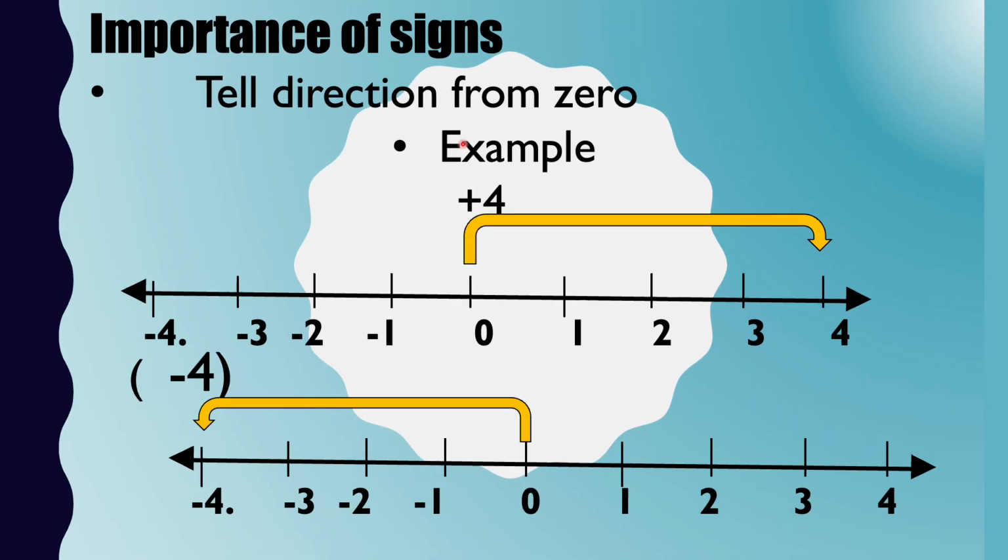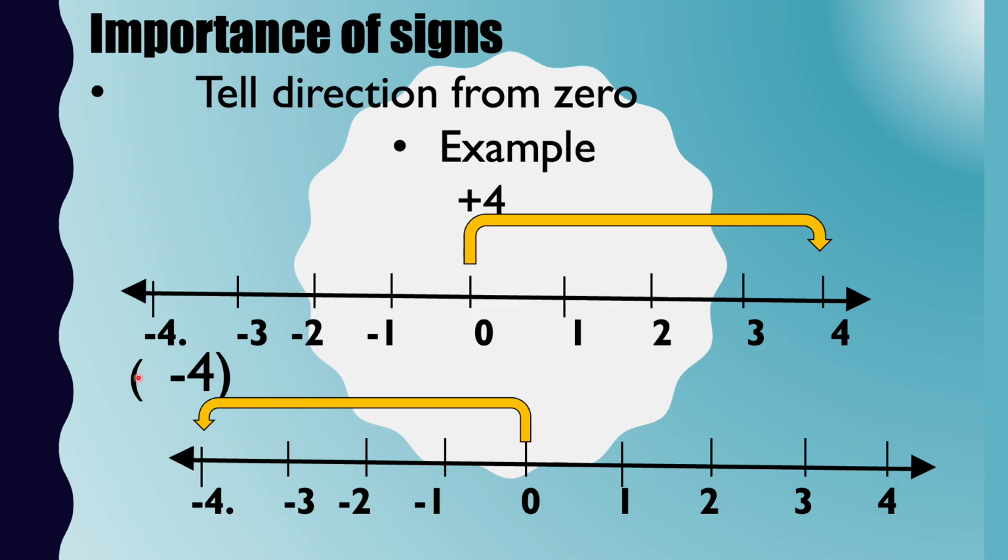We are going to talk about the importance of the sign. The sign tells the direction from 0. Like I mentioned earlier, if it is positive, then the number lies on the number line on the right side.